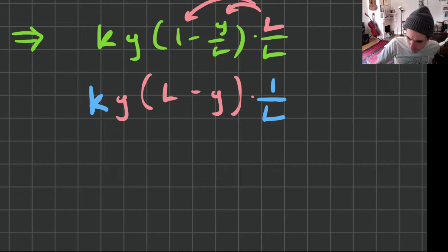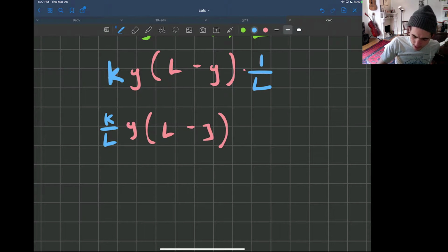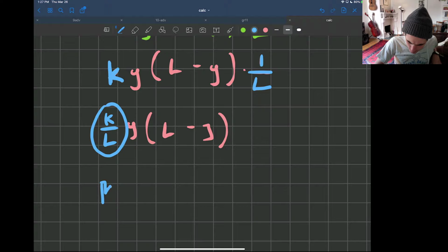So often people will combine this k and this L together. So we can have this written as k over L times y times L minus y. And you might see this where this is just one constant. I'm going to write it as a bold k, because it's a different k that looks kind of ugly, but you get the idea.